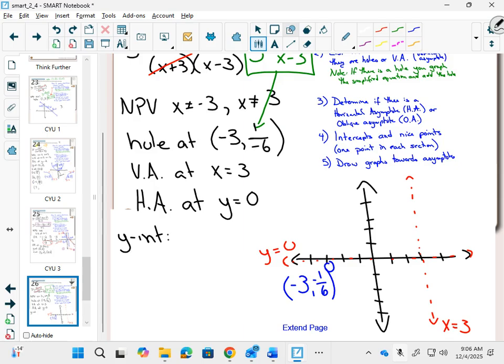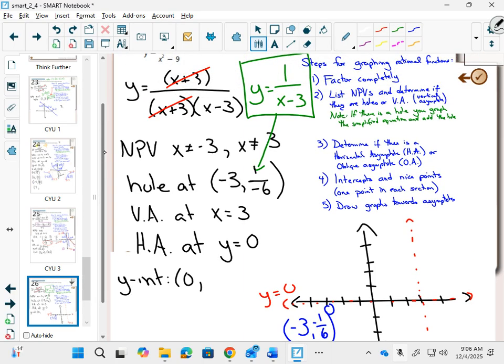Y-intercept, plug in 0 for x, go to the green equation, 1 over -3. X-intercepts, go to the green equation, look at the numerator.